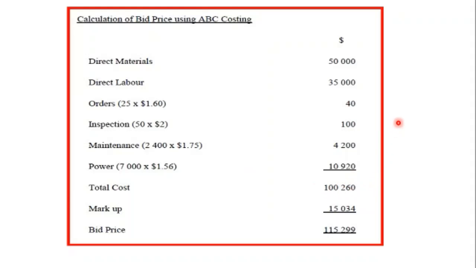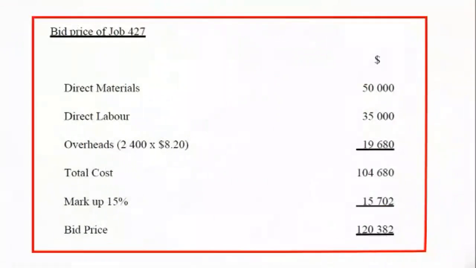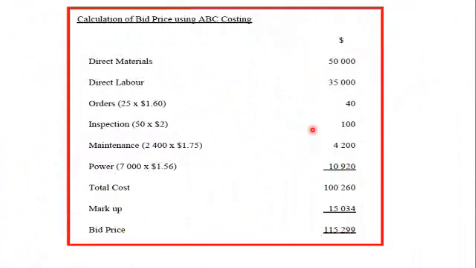And we can compare this with the job costing that we just did here. Right? Where the bid price was 104,000. The cost was 104,680. Okay, so it's $4,000 more.